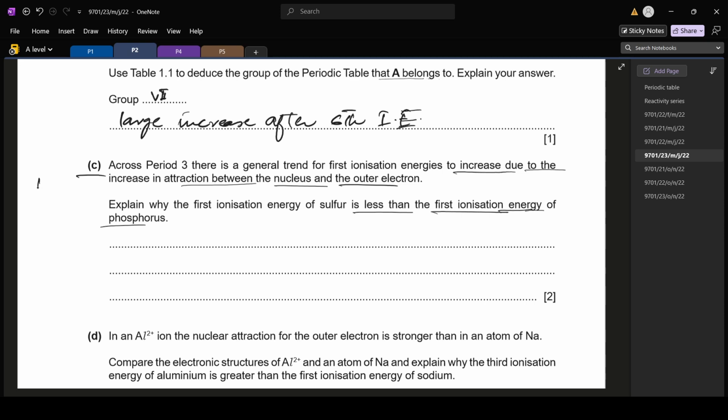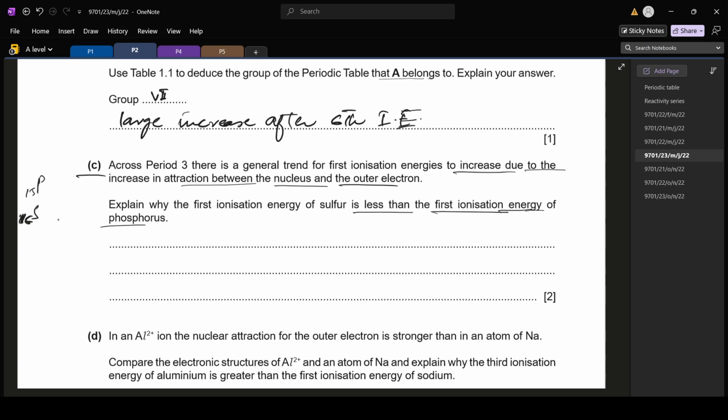Phosphorus has 15 proton number and sulfur has 16 proton number, so there are 16 electrons in sulfur and 15 electrons in phosphorus.